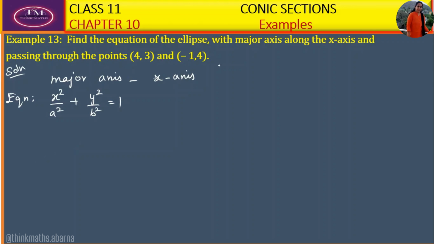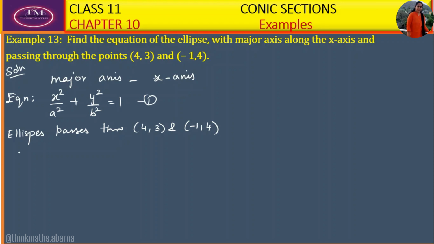Now they gave the passing through points. So from this we have to find a and b. So the ellipse passes through the points 4, 3 and minus 1, 4. So we can substitute 4, 3 instead of x, y here.